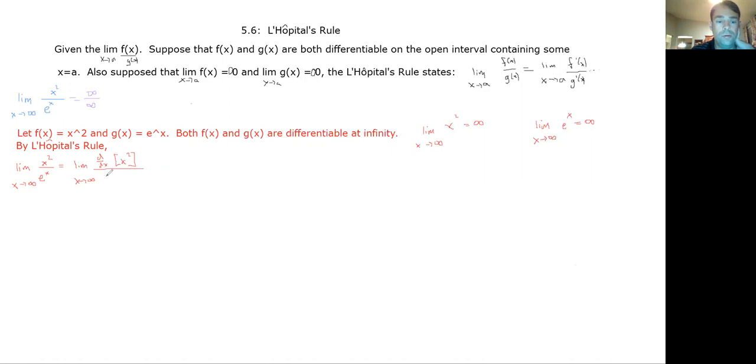We're showing that we're using L'Hopital's right now. And when we do that, we end up with 2x over e to the x.